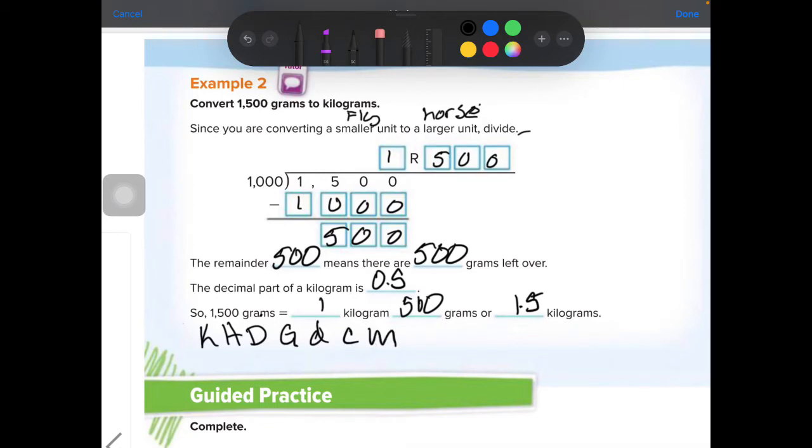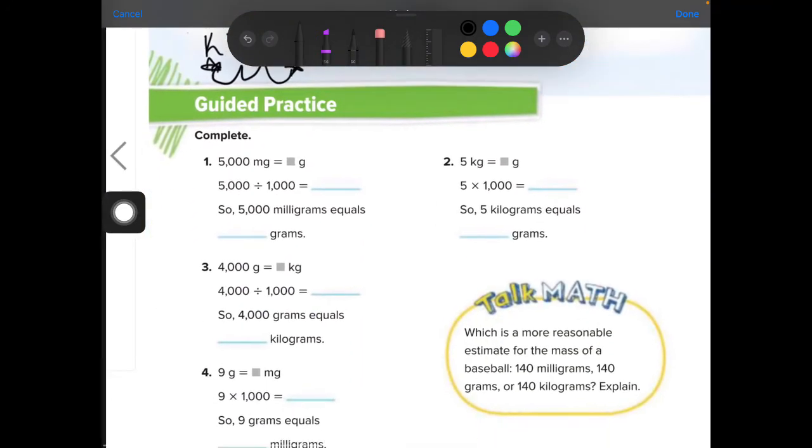So we're going from grams to kilograms. 1, 2, 3. So there's 3 spots we're going to go there. So we have 1.5, 1, 2, 3. Personally, that just seems a lot easier to me, but they do want me to teach you that you can do the division and converting that way.